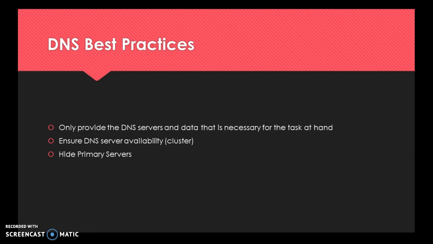Individuals outside the organization do not need to use the recursive name servers, and those individuals should be using the name servers provided for use by their ISPs. Another best practice that you want to utilize with a DNS server would be to ensure the server's availability.